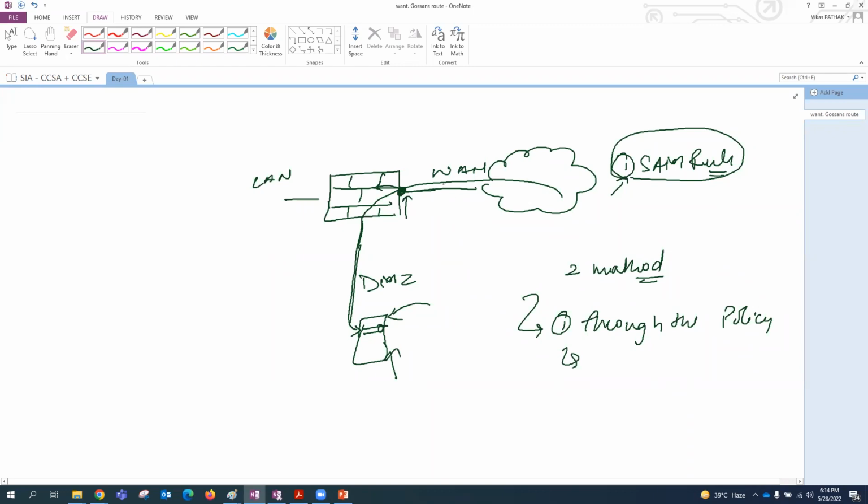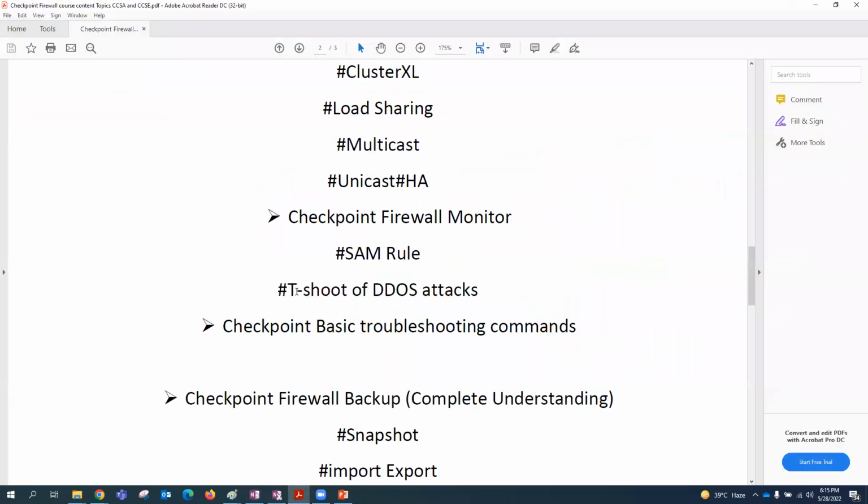Through this, we'll be saving our firewall CPU utilization and resources, a lot, by this SAM rule, right? So this is how we can work in terms of a DoS attack or DDoS attack. We can act in multiple ways in our Checkpoint, right?